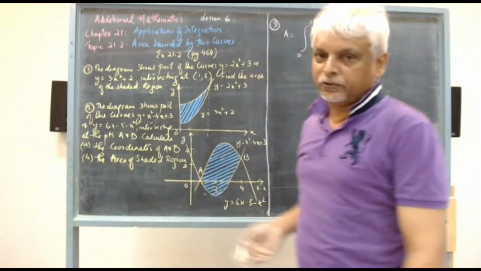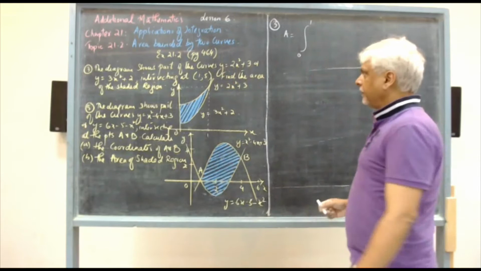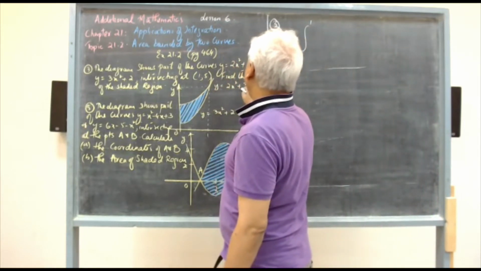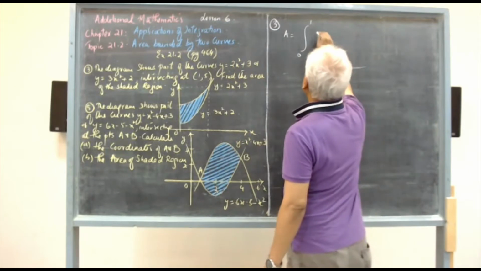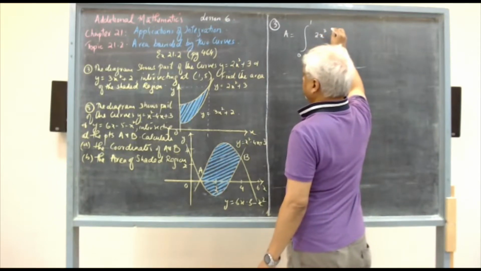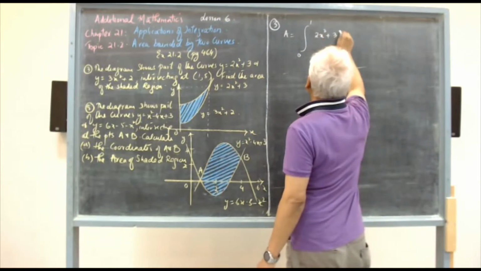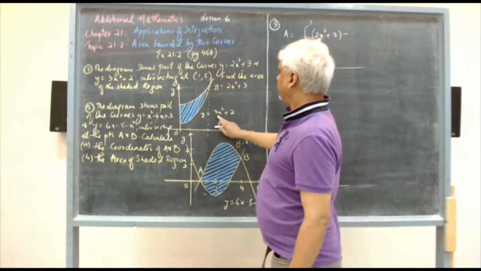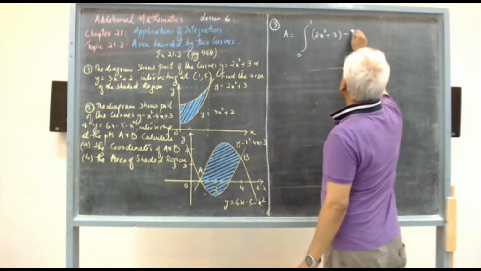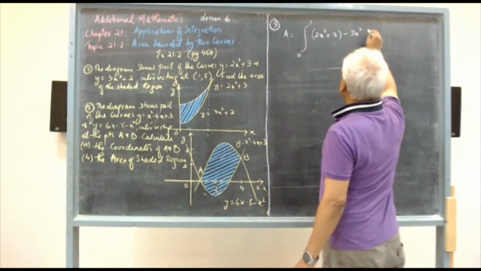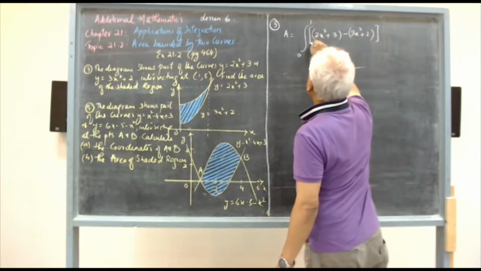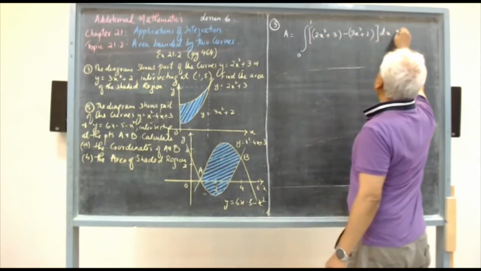So first you write down the equation for the upper curve. The upper curve is y equals 2x squared plus 3, so 2x squared plus 3, minus the lower curve, 3x squared plus 2. So the whole thing we are integrating with respect to x.